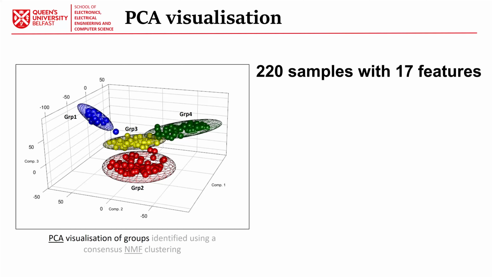But as you can see, in components 1, 2, 3, you can nicely see the separation of these samples when I'm coloring according to their subgroup. Okay, this material was actually published in Nature 2 years ago.